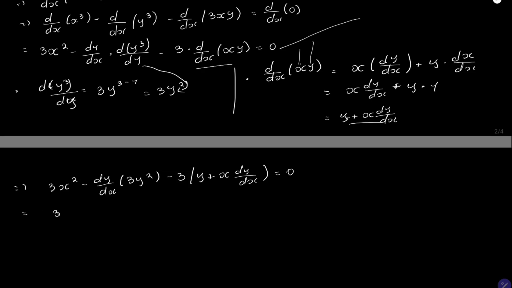So let's simplify this. We have 3x squared minus 3y squared dy on dx minus 3y minus 3x dy on dx equal to 0.